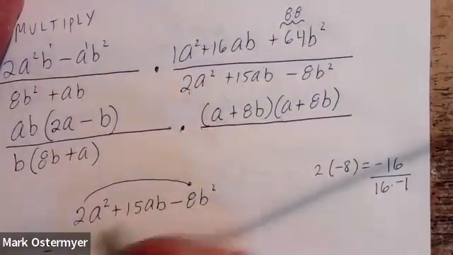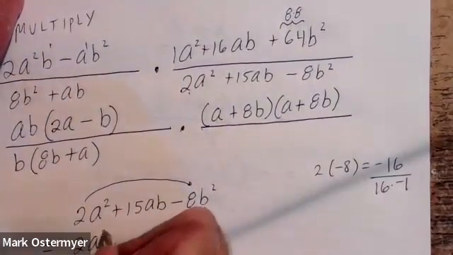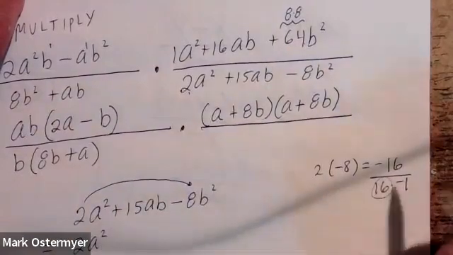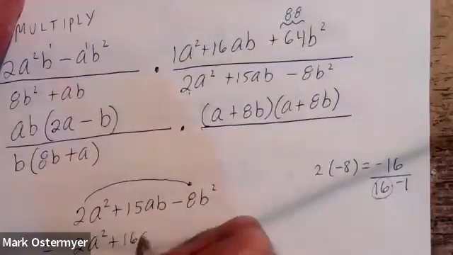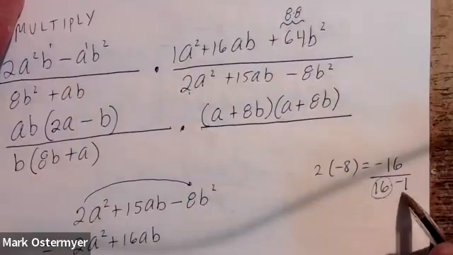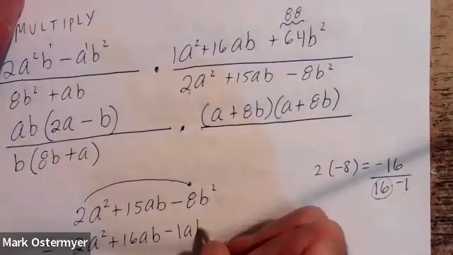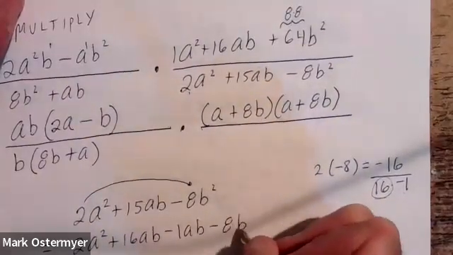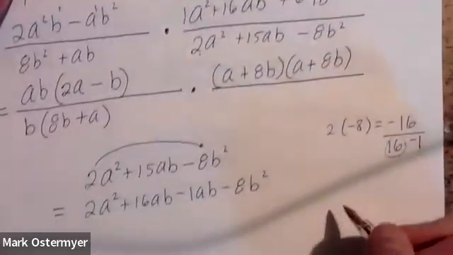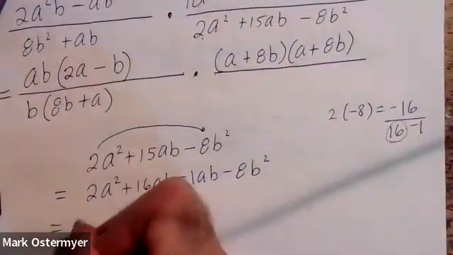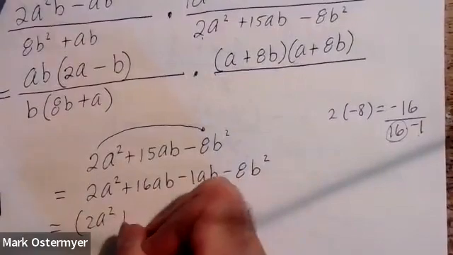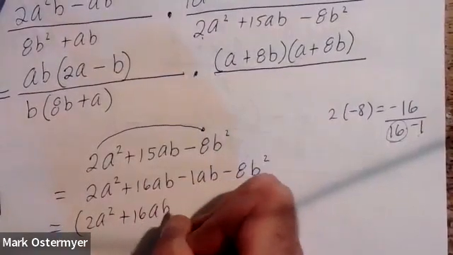Therefore, I'm now going to rewrite this as an equivalent 4-term polynomial. So I say 2a squared plus 16ab minus 1ab minus 8b squared. And now I'm going to factor this 4-term polynomial by grouping. So we place parentheses around the first 2 terms.